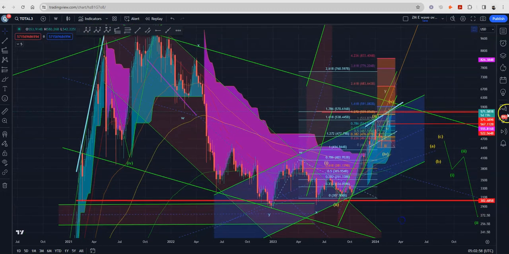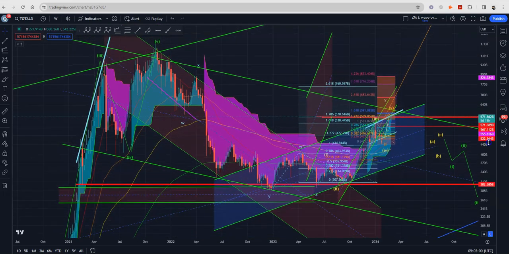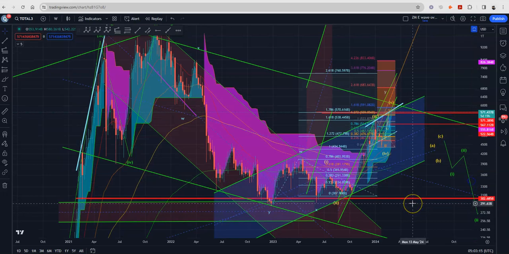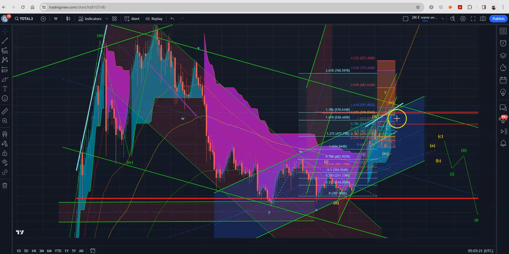And today we are going to be going over the Total 3 altcoin market cap once again. If you've been watching so far, you know that I am expecting a turnover of the market cap at this junction here.